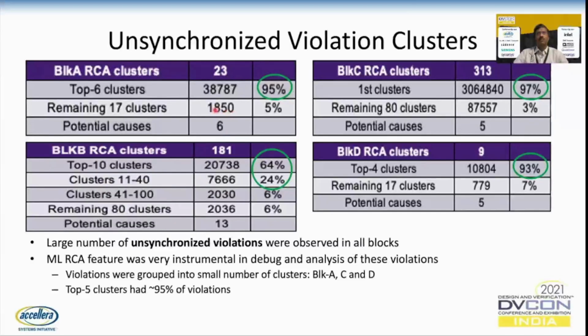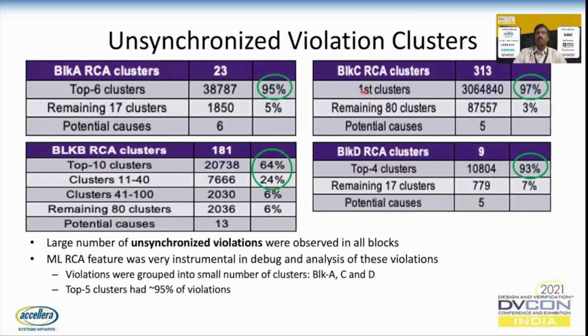This smart grouping provides an effective grouping of violations. Essentially, this arranges CDC violations in a systematic fashion under various clusters. RCA identifies these known cause-effect relationship between these violations. This also provides possible causes and debug clues.